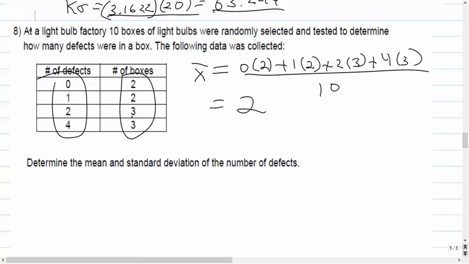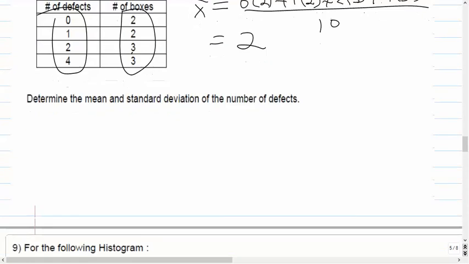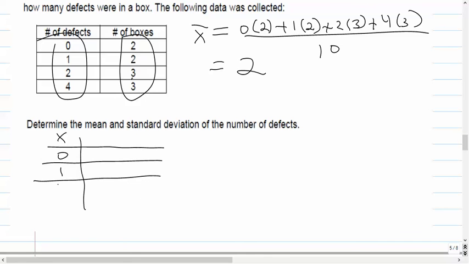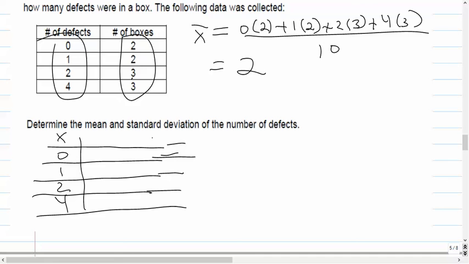Alright, now that I have X bar, I now need the standard deviation. Again, what I'm going to do is construct a table. Here's my data, 0, 1, 2, and 4. The next thing I need to do is calculate the difference between my data and the mean, squared. 0 minus 2 is 2 squared.